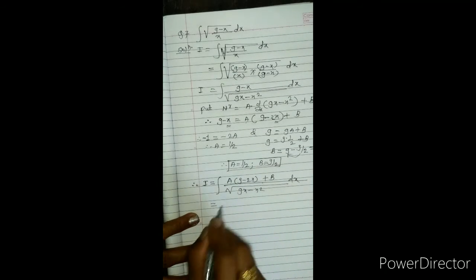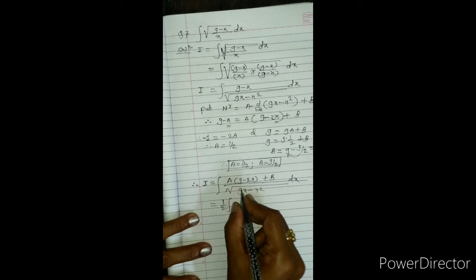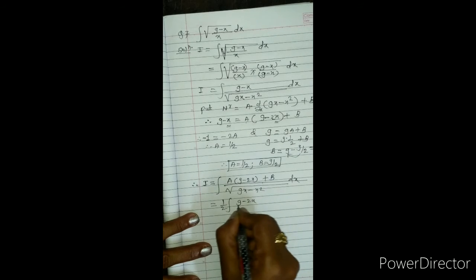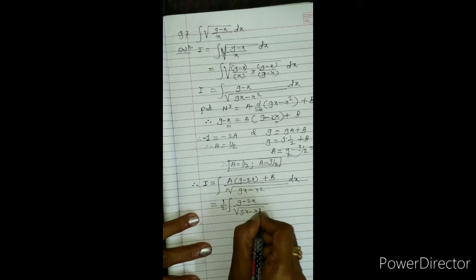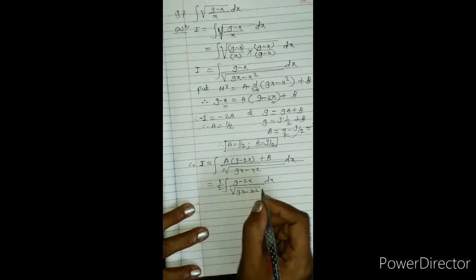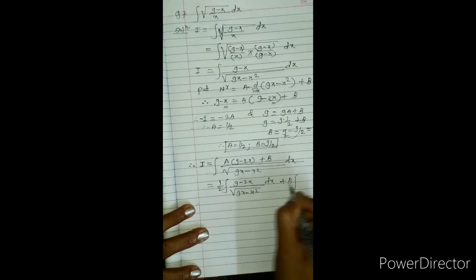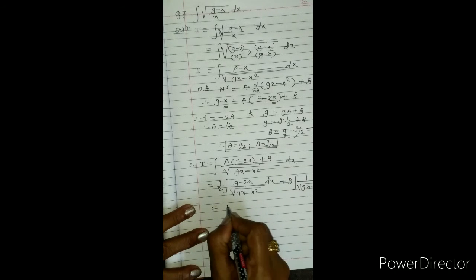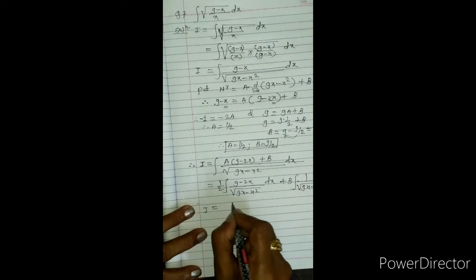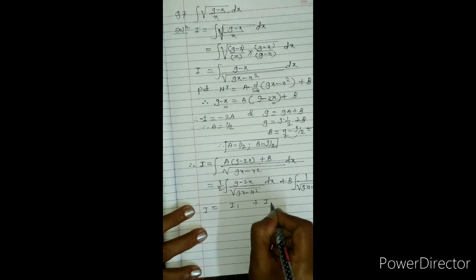So that can be adjusted as 1 by 2 times 9 minus 2x whole divided by under root of 9x minus x square, integral with respect to x, plus b times 1 upon under root of 9x minus x square dx. So that becomes I is equal to I1 plus I2.